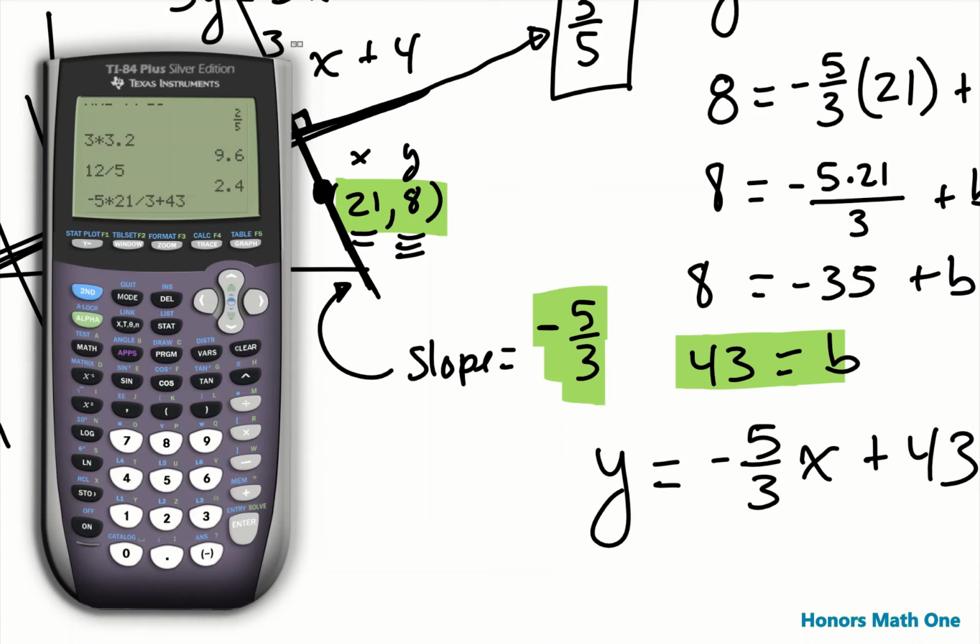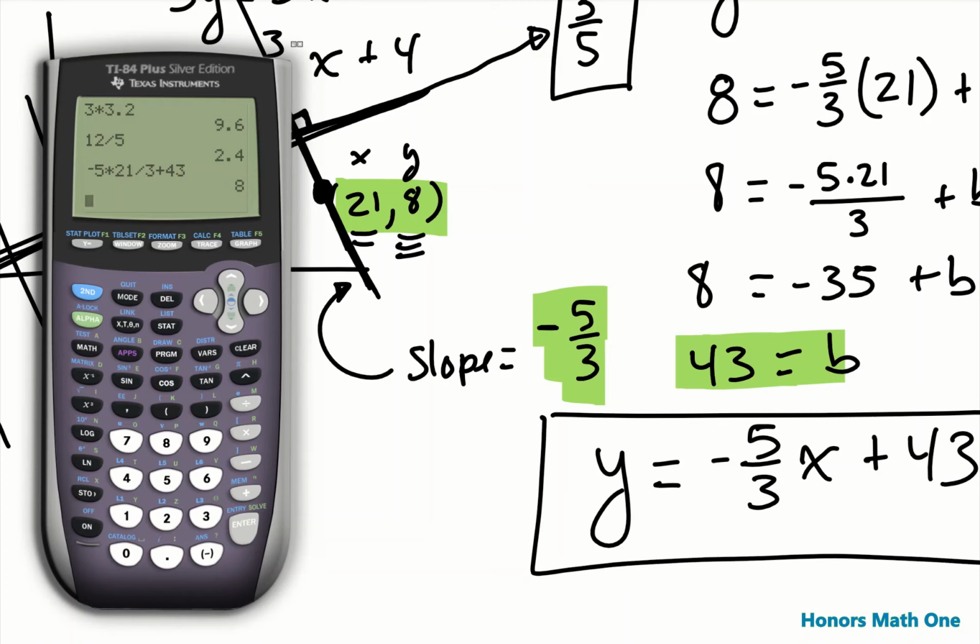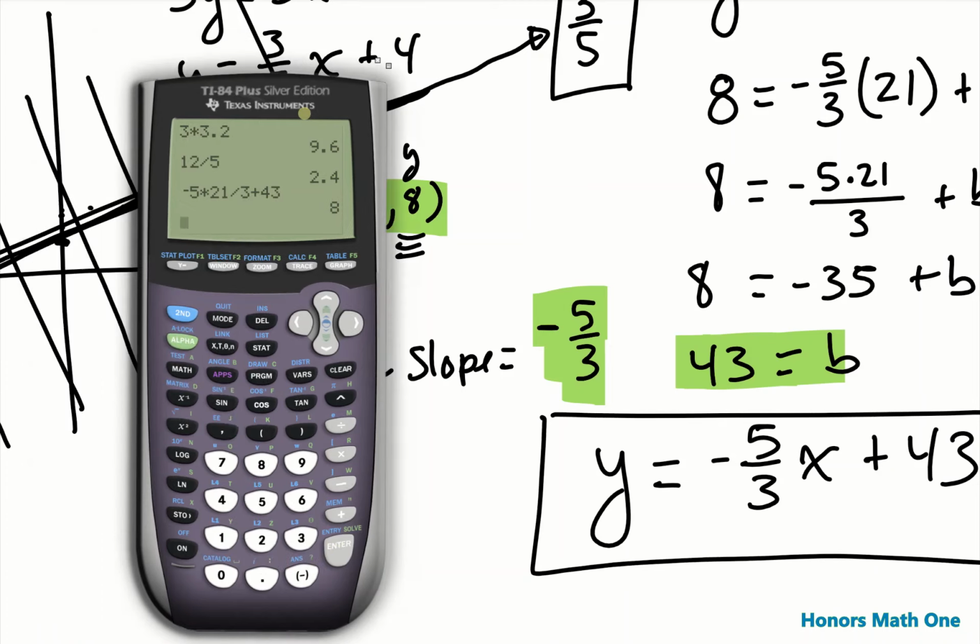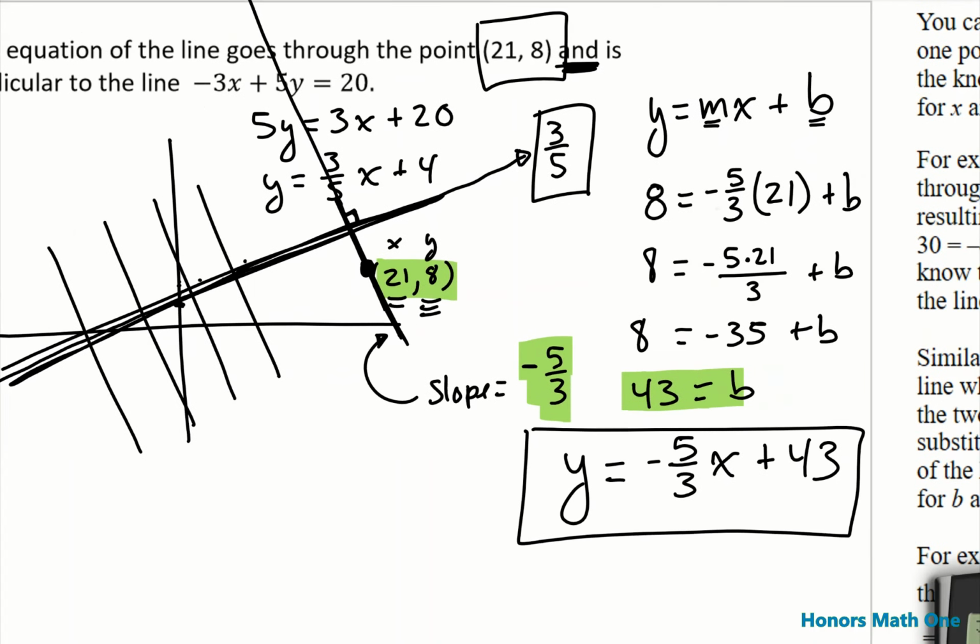And when I do that, I get the number 8. So yeah, when I plugged in 21, it gave me 8. So this equation that I found satisfies the two known things that had to happen. It is indeed perpendicular to the original line, and it satisfies this point that we were given.